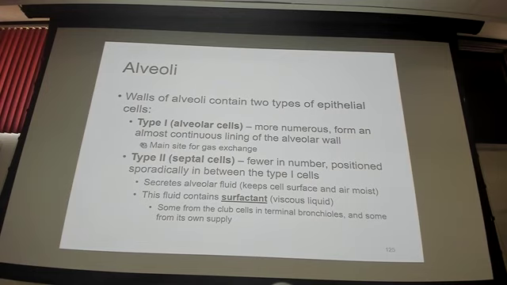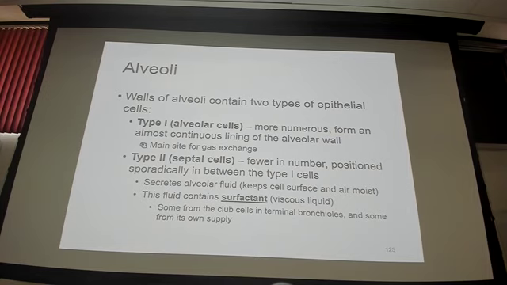And the type 2 cells, septal cells, secrete stuff, secrete surfactant, right? Put the S's together if you can't remember. Okay, type 2 cells, septal cells, surfactant. What does a surfactant do? It helps with our surface tension, right? It helps keep the alveoli open so they don't collapse on themselves. Okay?